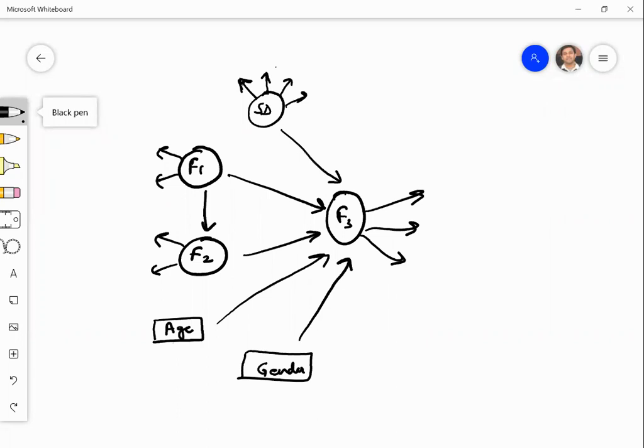But if you have these kinds of demographic variables, you can model them as an observed variable in the analysis along with the latent factors.